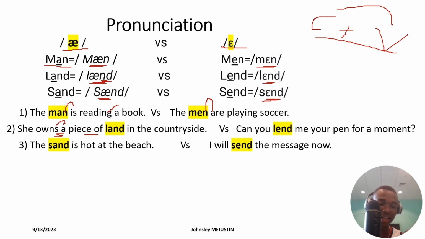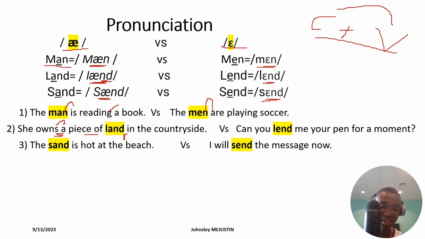You see? S plus O, we say of, piece of. She owns a piece of land in the countryside. Land in. Do the same connection here. Connect them. Link them.